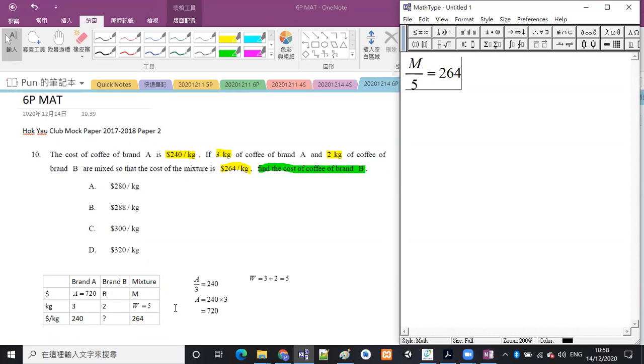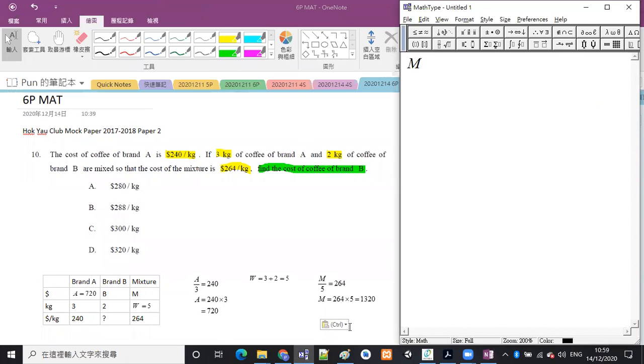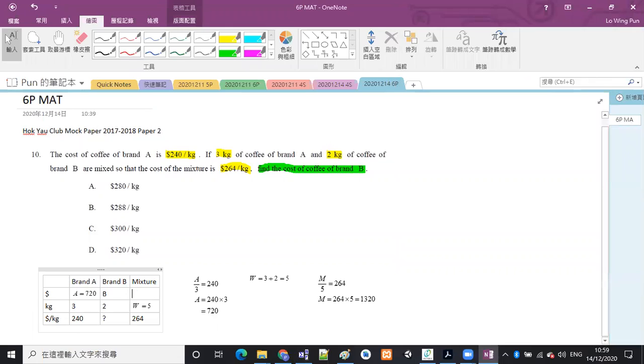Can you get this? OK， 喺同一個 column 裏邊，我哋錢嗰個數字除以 kg 個數字嘅話咧，就係錢 over kg 嗰個數字嚟㗎啦，係嘛？Okay, so M should be equal to 264 times 5. Okay, and that should be equal to 1320. Okay, and that's how we can calculate the value of M. So M is equal to 1320. So just replace the M here.